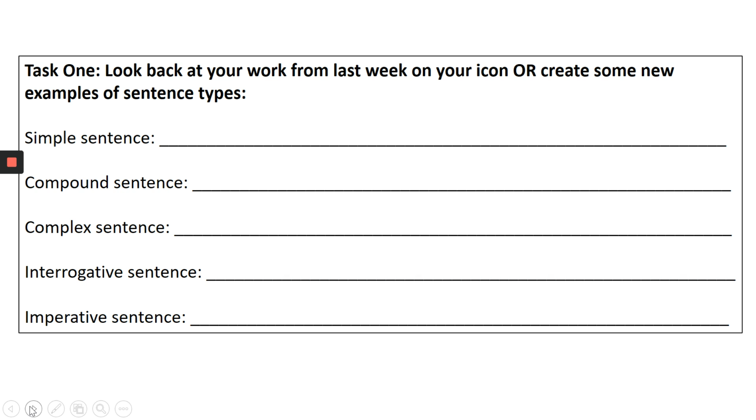So have a look back for your work from last week. See if you can identify a simple sentence, a compound sentence, complex sentence, an interrogative sentence, or an imperative sentence in your own work. If you can't, or if you didn't do as much as you would have wanted to, perhaps you can create some new examples of your own right now.